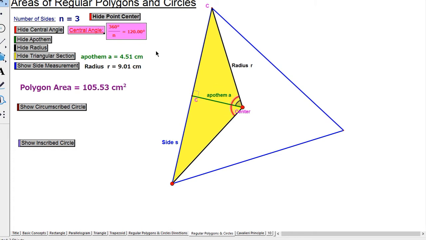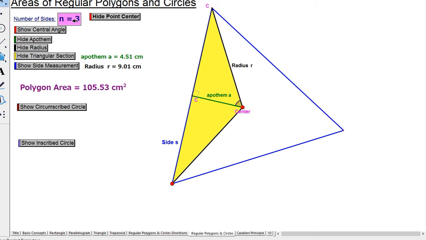And we're going to let theta be half of that. So theta is the angle formed by this apothem segment and this radius segment. It should be half of that central angle, so theta is pi over n, or 180 degrees over n.